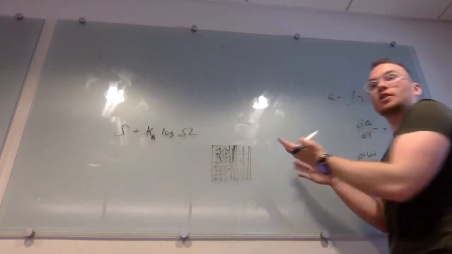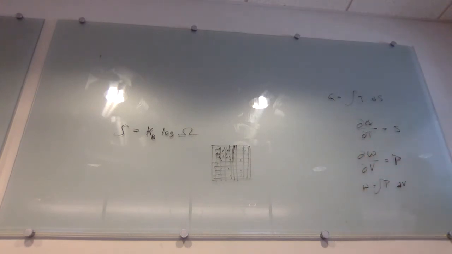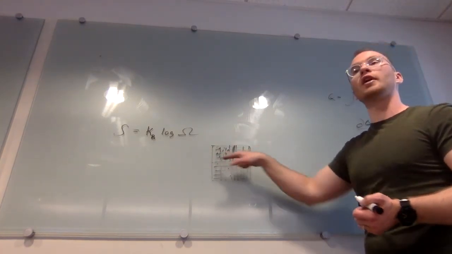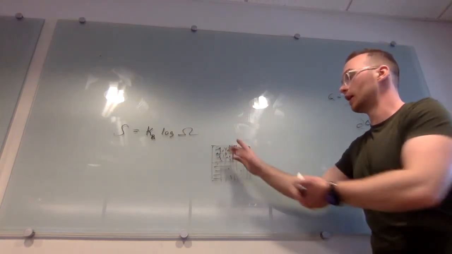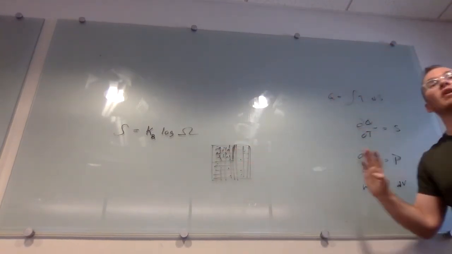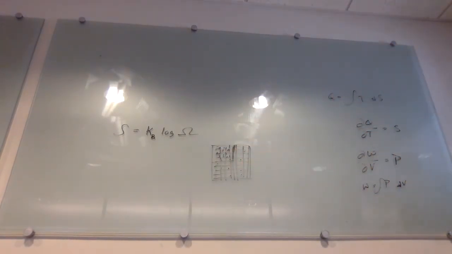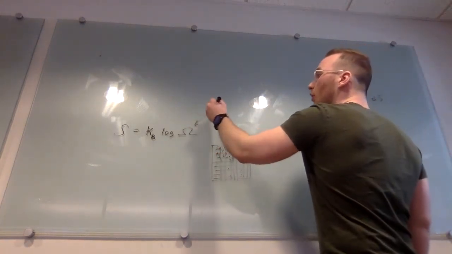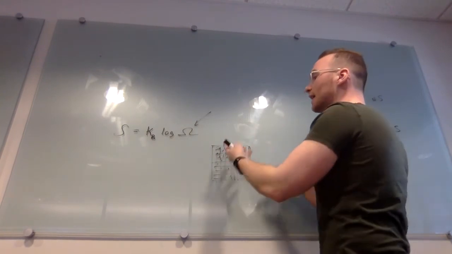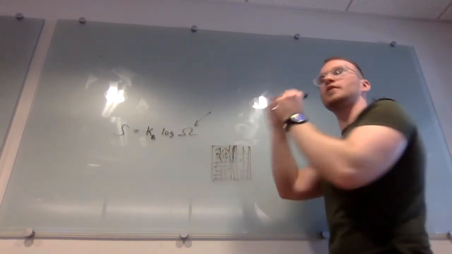Well, if you were patient enough, you could literally count and do a combinatorics problem to figure out what percentage of the states had all the gas molecules in this corner, however big you want the corner to be. You would find that it's a very small percentage, and therefore this number omega is the number of states with that configuration. So let's say I only want them to be in the corner, but of course they could be.